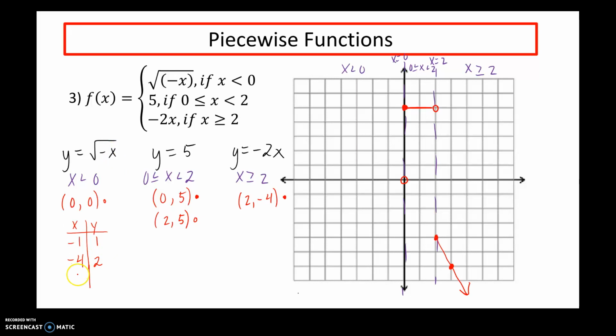My next perfect square that comes up is -9. Opposite of -9 is 9. Square root of 9 would give me 3. So here I am at (-1, 1), (-4, 2), and then (-9, 3) wouldn't fit on the graph anyway. So now I'm just going to connect those.